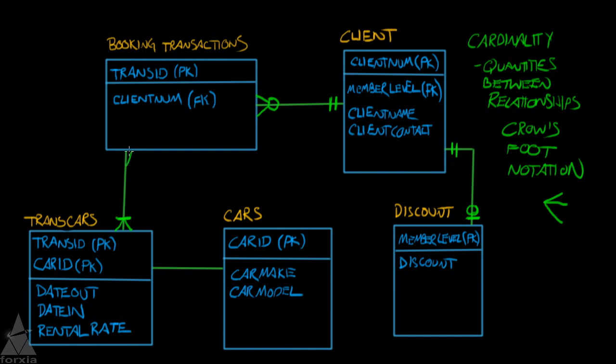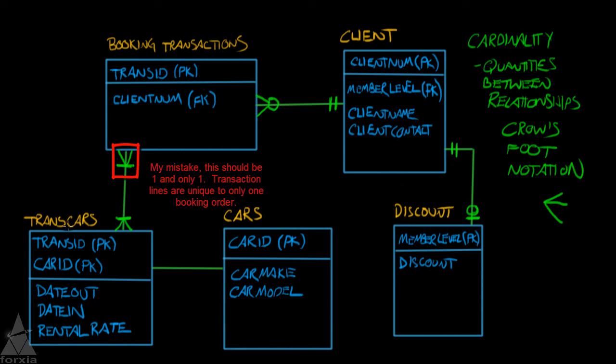Again, we can have many. But if we have a booking transaction without any transcars on it, is that really a transaction? We're going to say no. So we're going to have at least one. So there's our one-to-many relationship there.